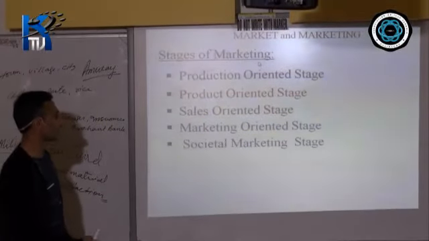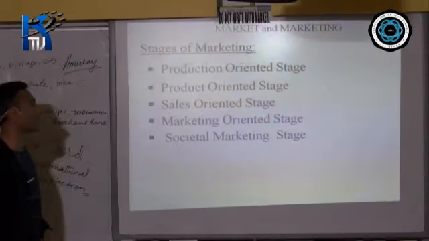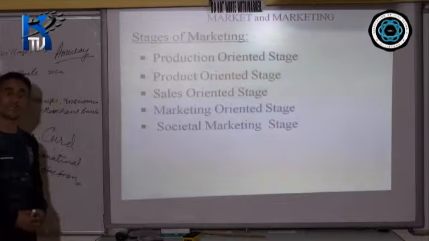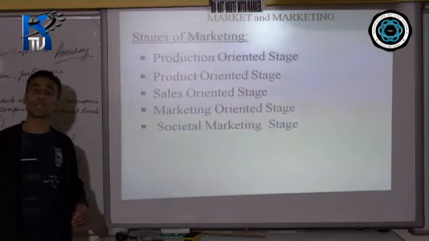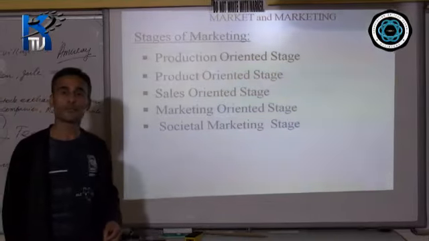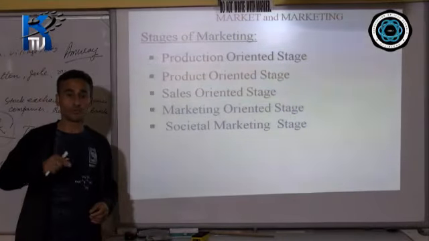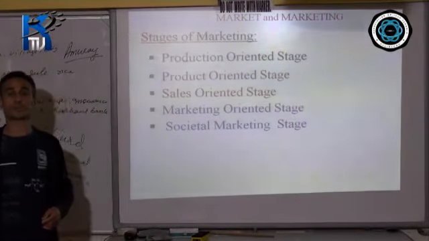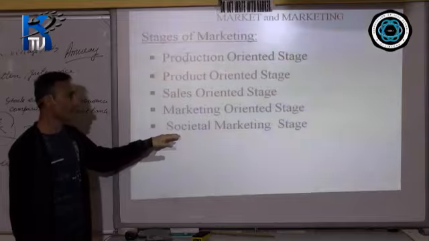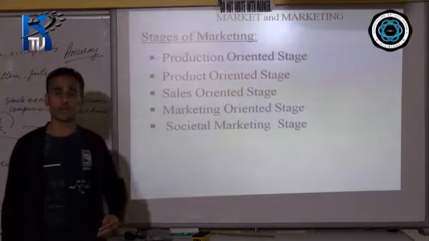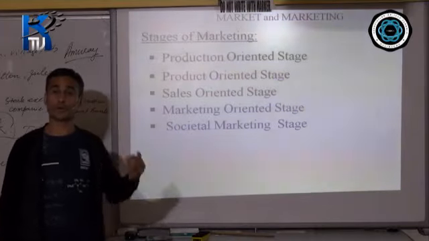Now, this is a newly developed marketing stage, which is called the societal marketing stage. Here, more importance is given to the consumer needs and wants by taking into account the welfare of the society. In the societal marketing stage, society's benefits are also taken into account in order to produce the product.